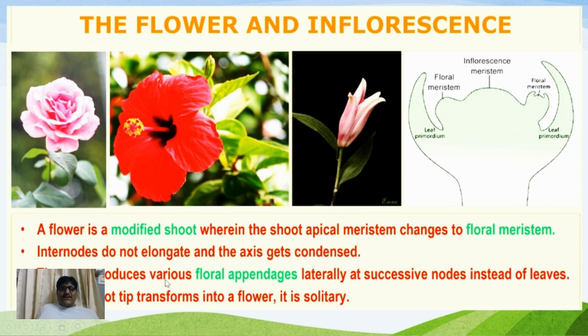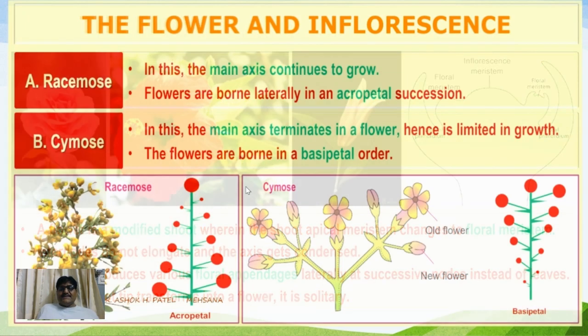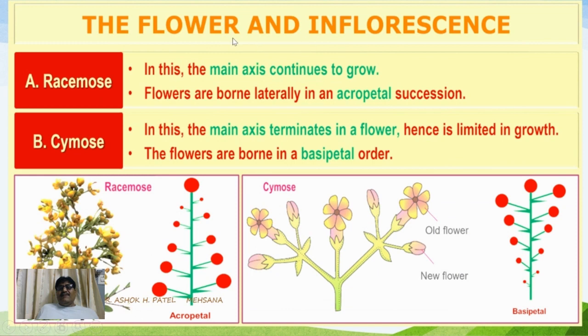The apex produces the various floral appendages laterally at the successive nodes instead of leaves. When the shoot tip transforms into a flower, it is called solitary. The apical portion directly modified and converted into a flower is called a solitary flower. The inflorescences are divided into two types.